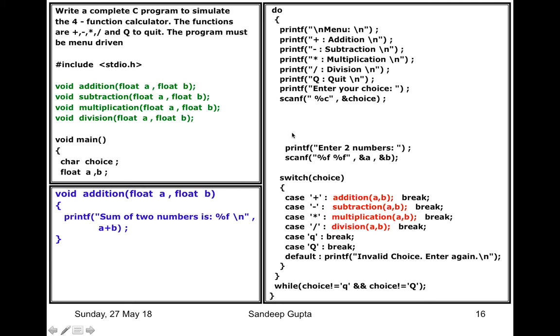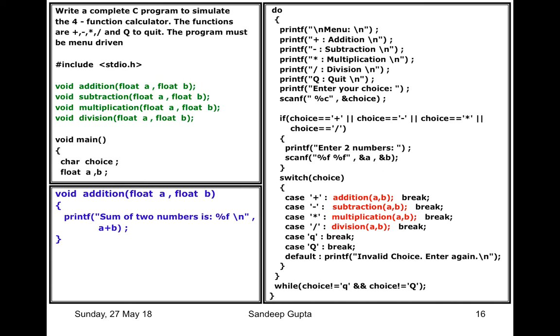But please understand, this statement, this printf and this scanf will execute even if the user is entering small q or capital Q. So now what we'll do, we will write one if statement over here like this. Read the if statement yourself, it is self-explanatory.